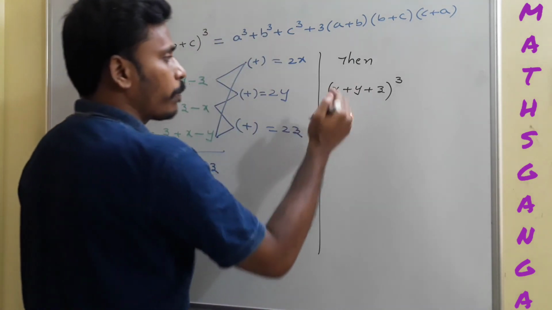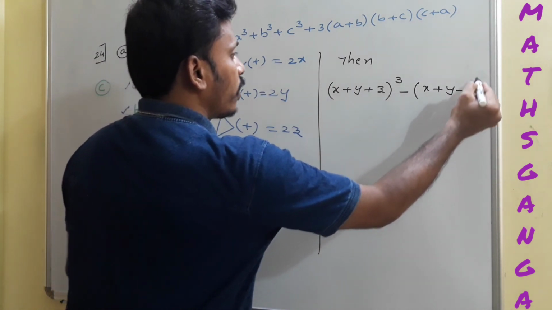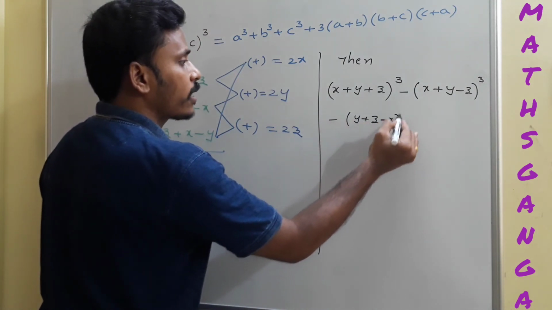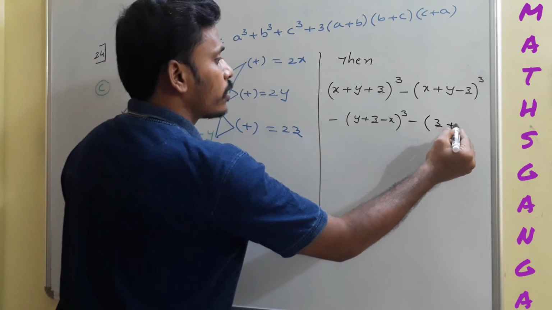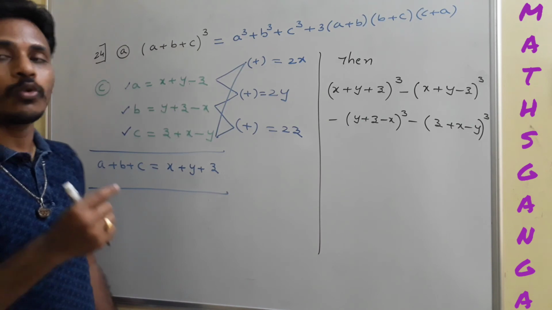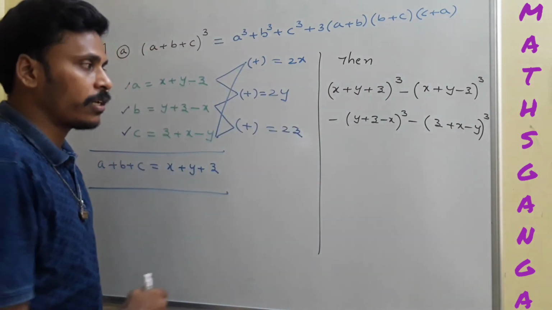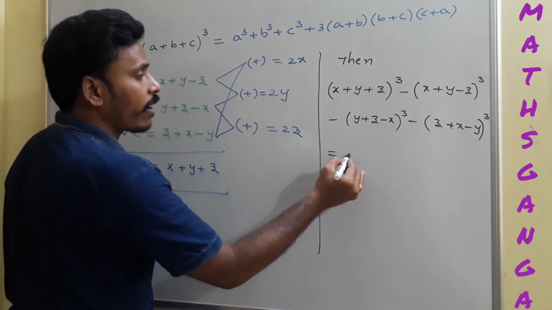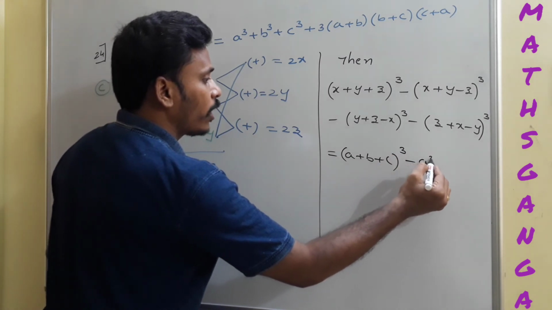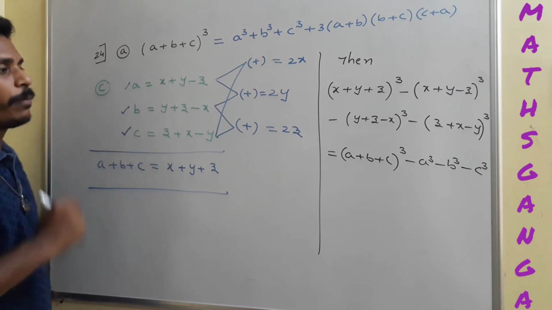And that's why X plus Y plus Z whole cube minus X plus Y minus Z whole cube minus Y plus Z minus X whole cube minus Z plus X minus Y whole cube. If anybody asks you to find the simplified value for these types of expressions, I will write it like this: A plus B plus C whole cube minus A cube minus B cube minus C cube, with these ABCs.